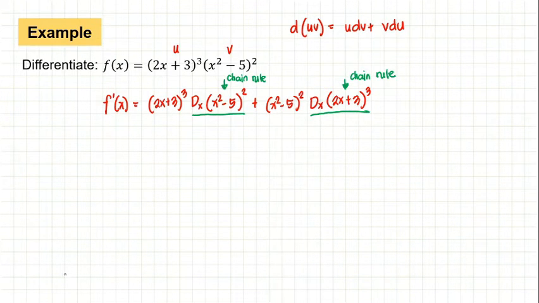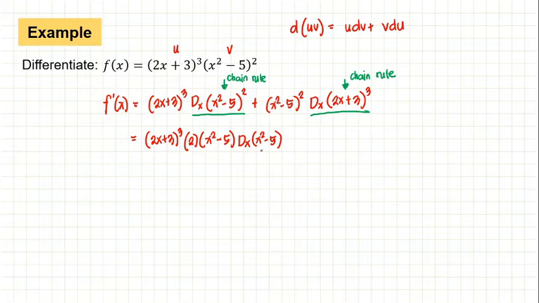So using the chain rule, we will now have, you copy 2x plus 3 raised to 3. So we will differentiate the outer function as a whole. So we have to bring down 2, so that is 2 times, you copy the inner function, do not change it, x squared minus 5 raised to 2 minus 1, so that is just 1, times the derivative of the inner function, which is x squared minus 5.